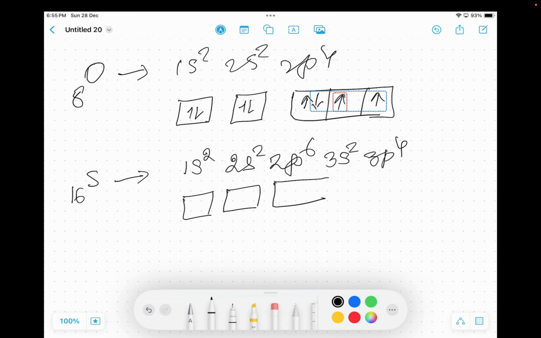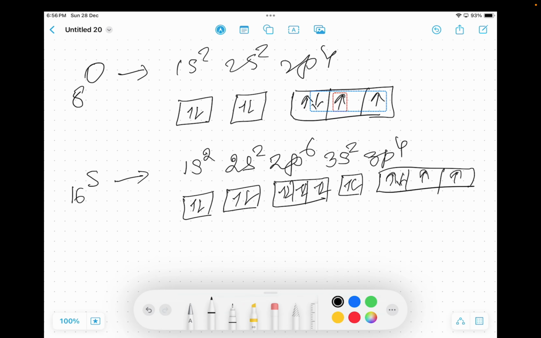The p subcell has 3 boxes, that means 3 orbitals. Here 2 electrons of an orbital should be in opposite spin. So 2 electrons of s should be written like this. Here 1, 1, 1 in parallel spin, then either of the orbitals should be paired. I think now every student will understand electronic configuration.